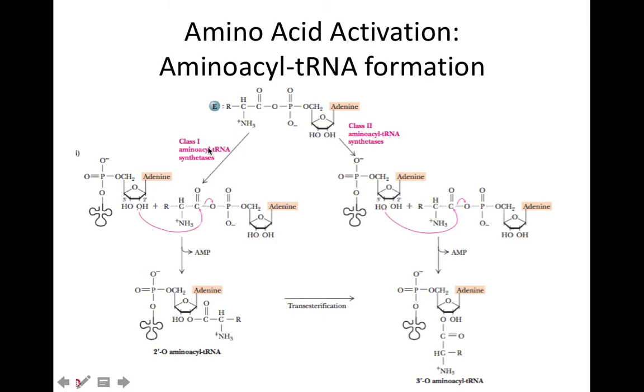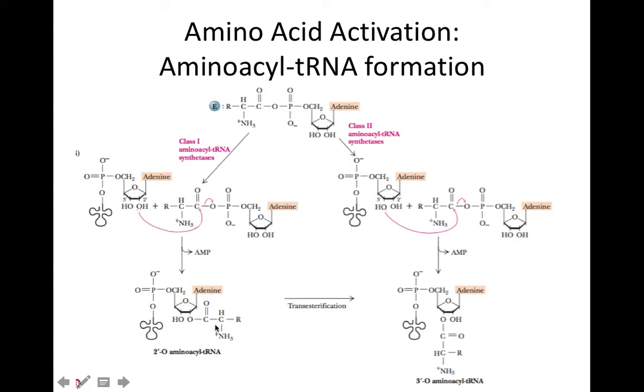So in class 1 synthetases, what you produce is an amino acid bound to the 2' carbon of your adenine. Whereas in class 2 synthetases, it is the 3' carbon that interacts with the amino acid. This is the final product that you want. You actually want the amino acid bound to the 3' carbon.